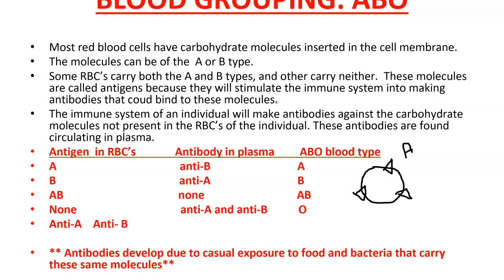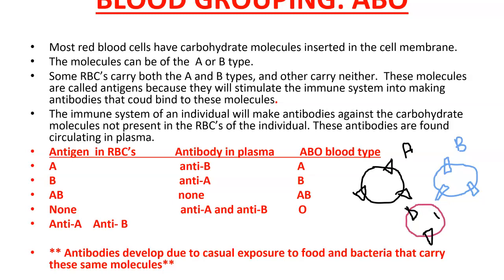Other red blood cells have a different carbohydrate, and these are complex carbohydrates. In this case, we have come to call this second form of carbohydrate B. Other individuals carry in their blood a combination of both, the A complex carbohydrate and the B complex carbohydrate.